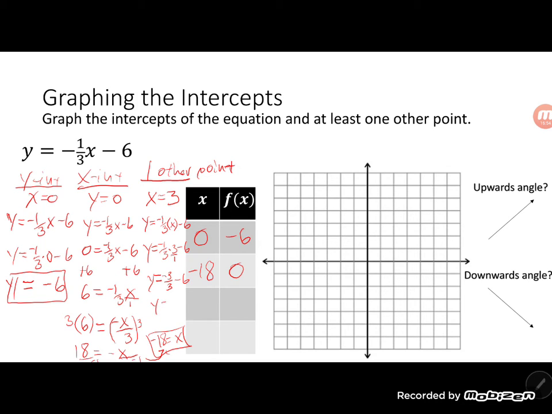So y would stay negative because we only have a negative on top, a negative divided by a positive, and then anything divided by itself becomes 1, and then the minus 6 comes down. We calculate that, negative 1 minus 6 is negative 7. So y is equal to negative 7. So we plugged in 3 and we got out a negative 7.